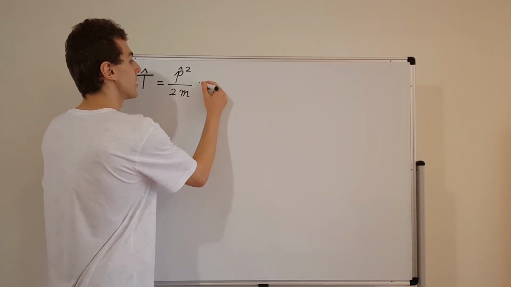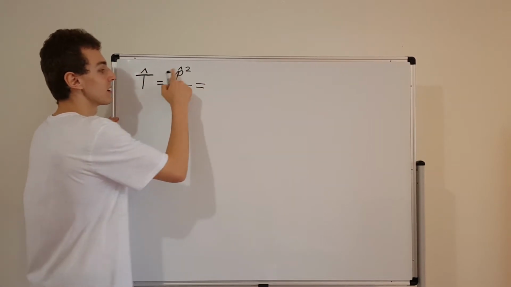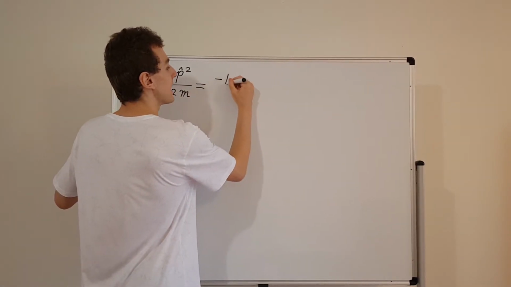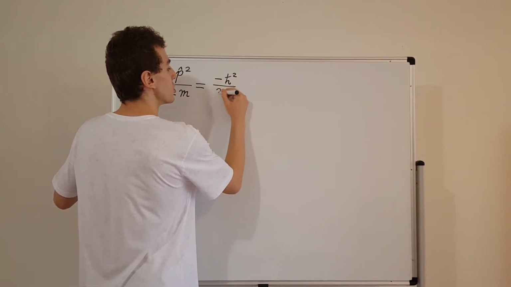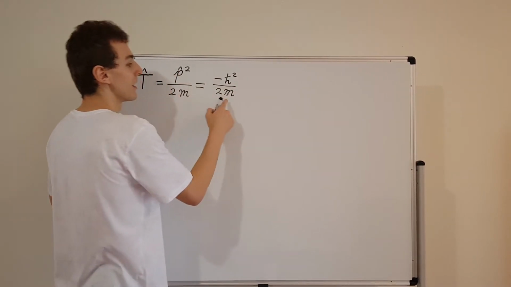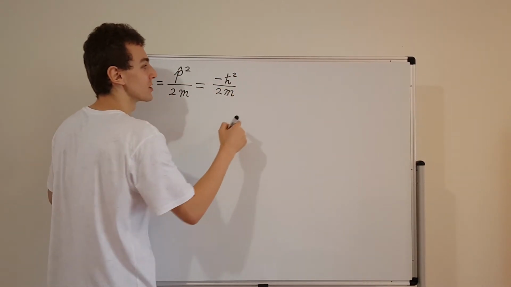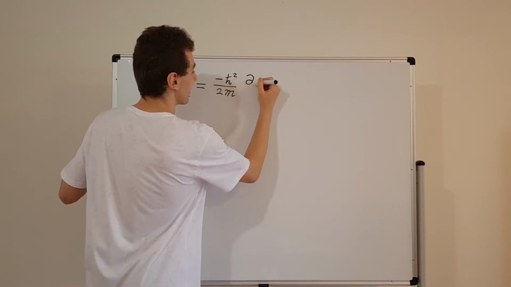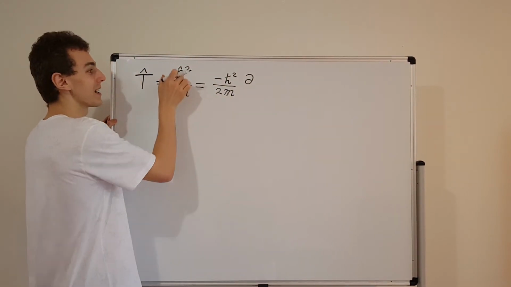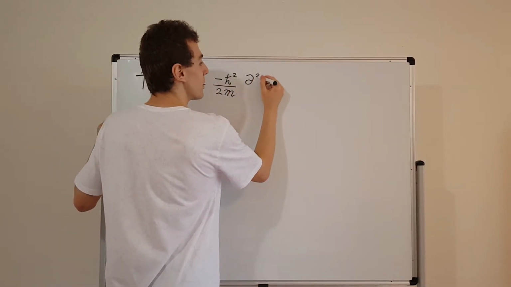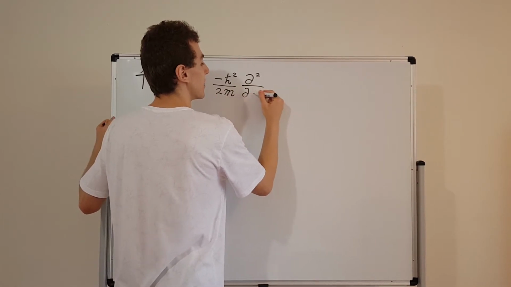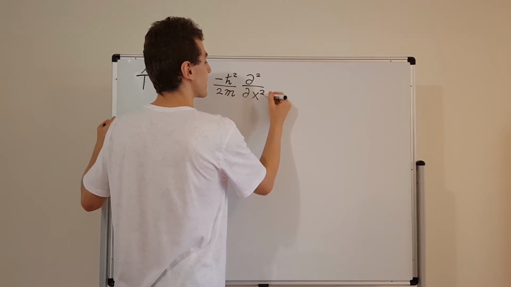And in the previous video, we did a little derivation, and we found that this is equivalent to minus h bar squared on 2m. You can see the 2m is preserved, but the minus h bar squared is not present over here. In fact, it's repackaged inside the momentum. And over here, we have a second order partial derivative with respect to x.